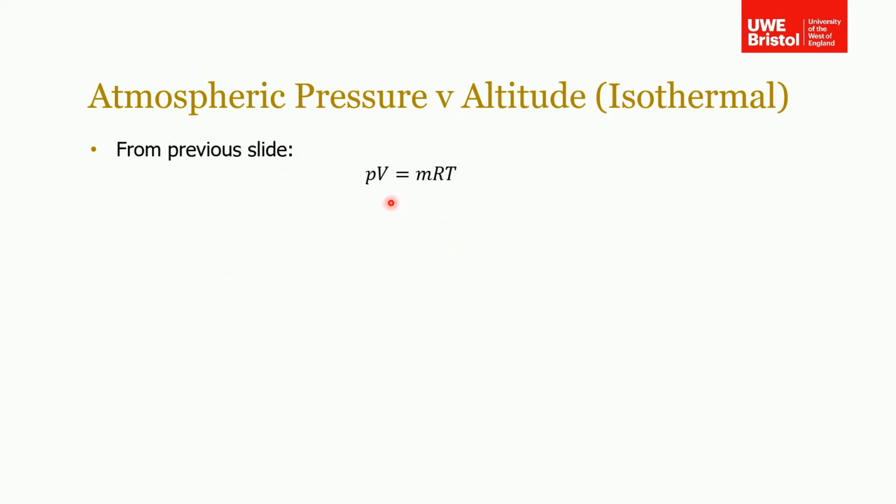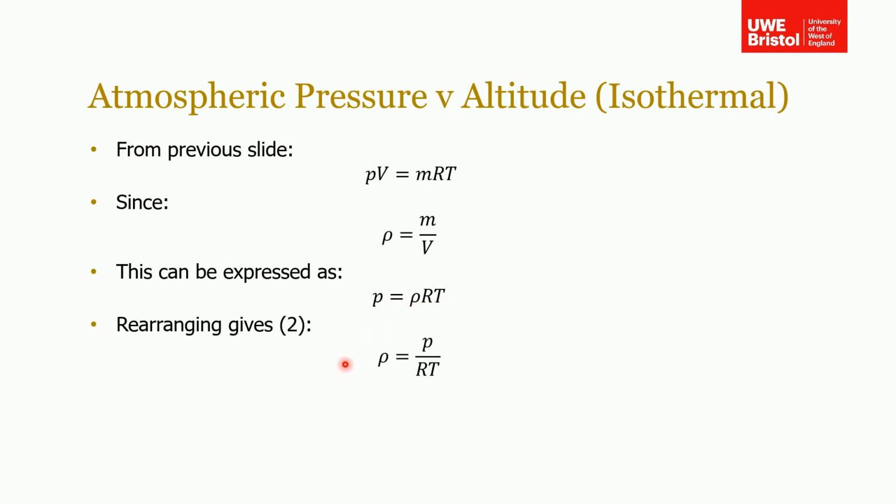So from the previous slide, we had PV equals mRT, and since density is mass over volume, we can rewrite this as pressure is equal to density times RT. And we can rearrange this to make rho the subject, so density is equal to pressure divided by specific gas constant times temperature.